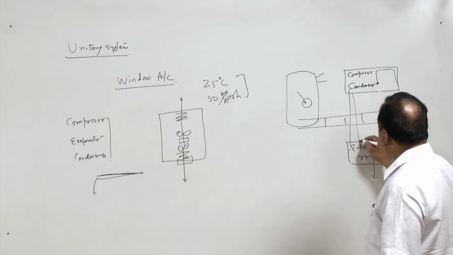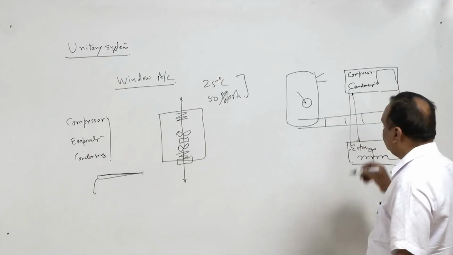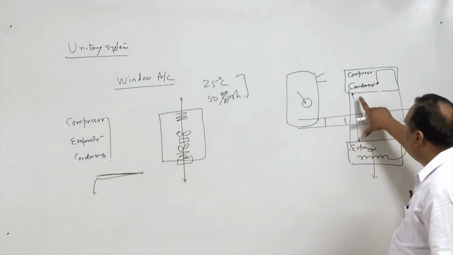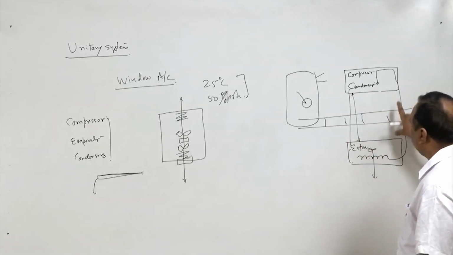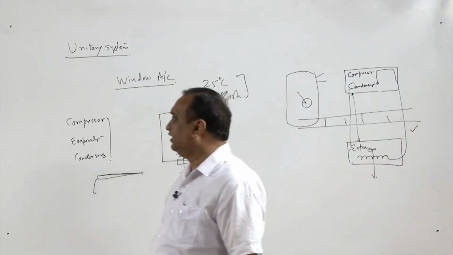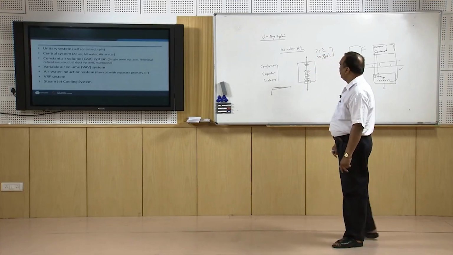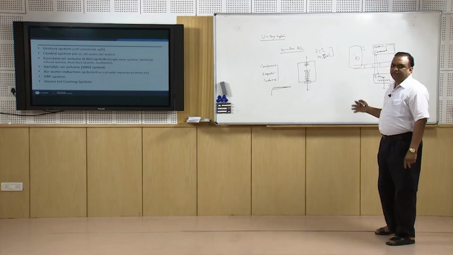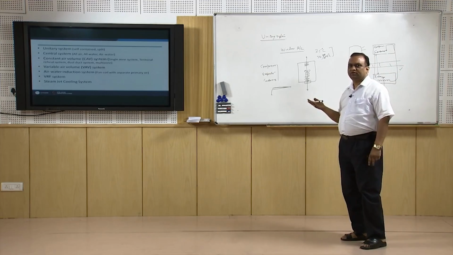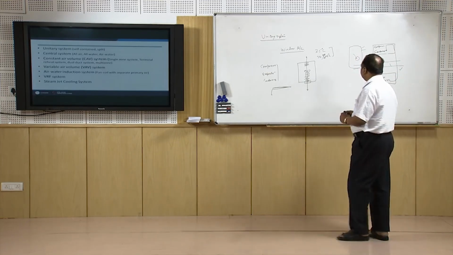The distance between these two must not be very large, in no case more than 20 meters. If this distance is large, definitely for the flow of fluid inside the pipe, a pressure drop will take place, and that will affect the performance of the system. Now these types of systems are suitable. For example, the window type of air conditioning system is suitable up to say 3 tons of refrigeration.